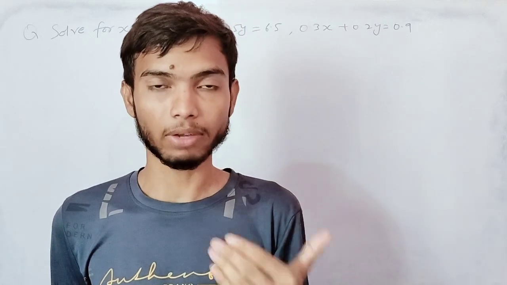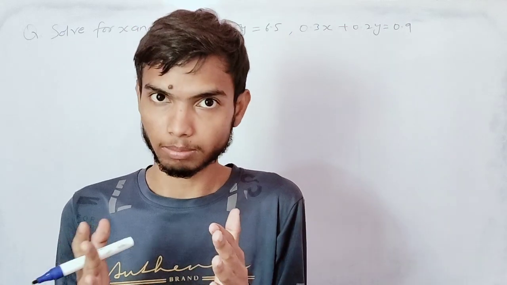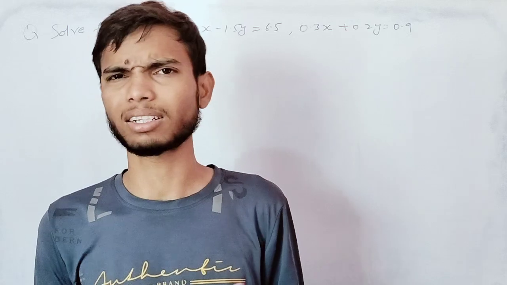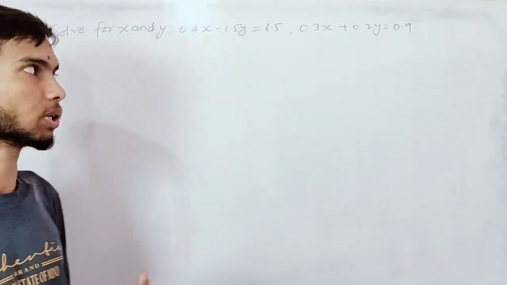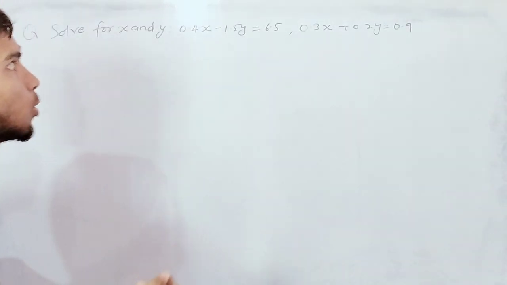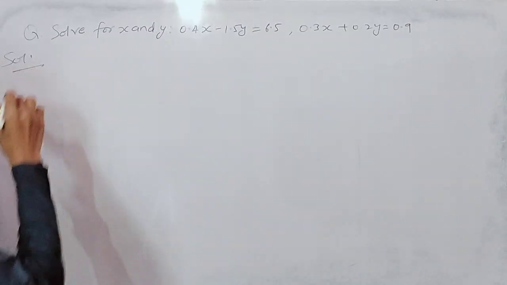If you multiply both sides by a number, nothing will change. The question will be the same. That's why we can take any number, any operator. Okay, now this is the question.